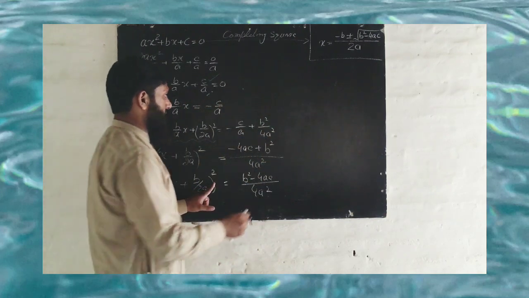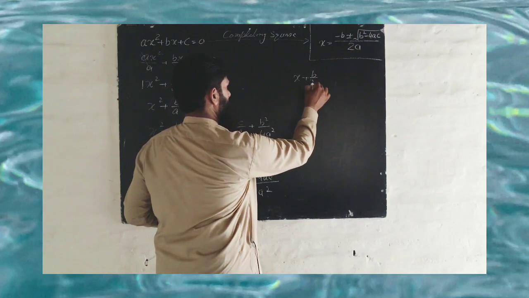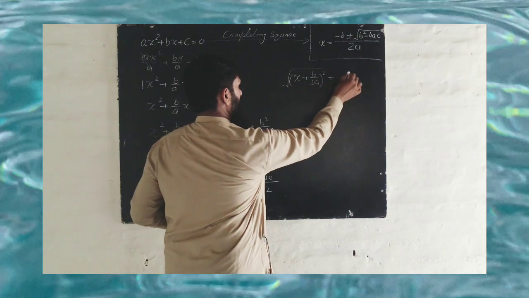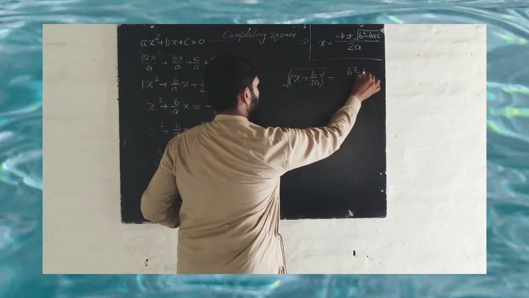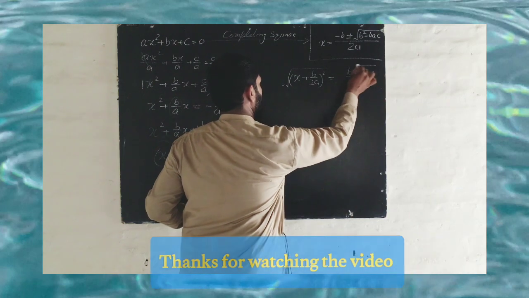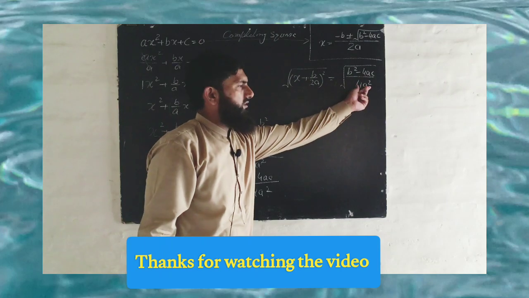Now we will take the square root of both sides. x plus b over 2a under root is equal to b square minus 4ac over 4a square under root. We can see that this term is a complete square of 2a.